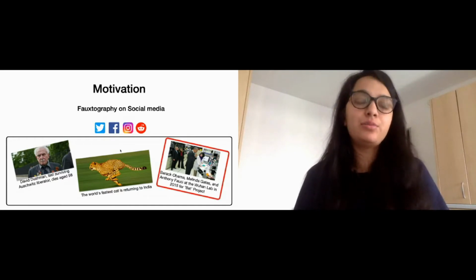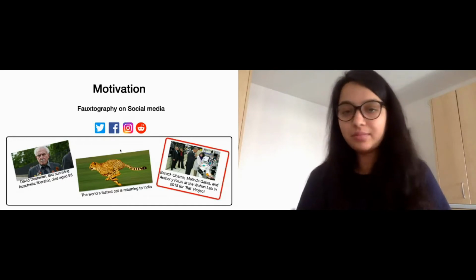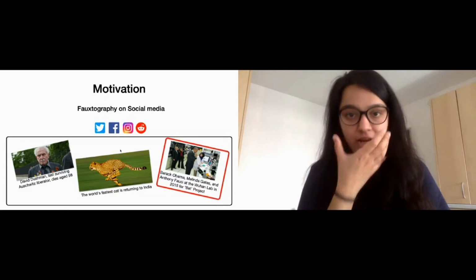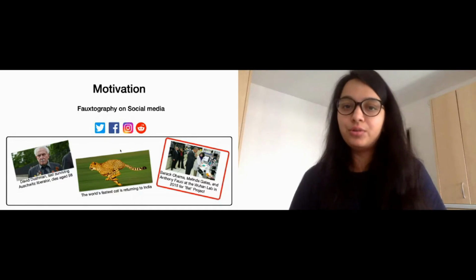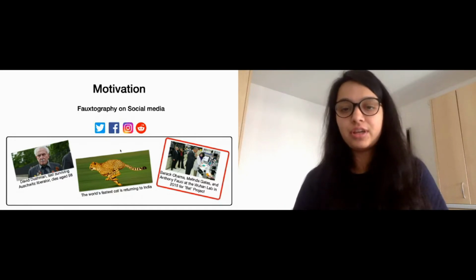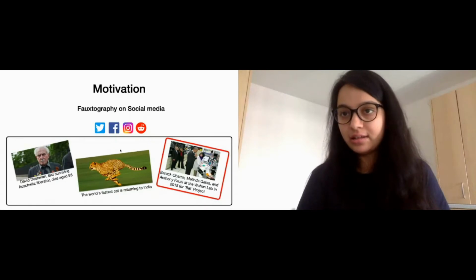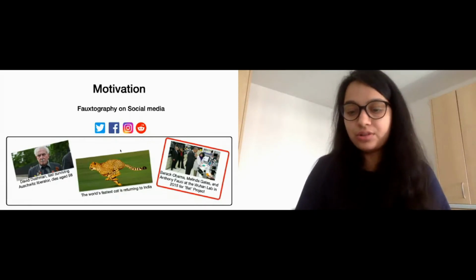This way, companies are spending billions and billions of dollars on identifying fake media. What we want to do with this project is make these things automatic so that the fact checkers only need to verify what the model has made a decision about.